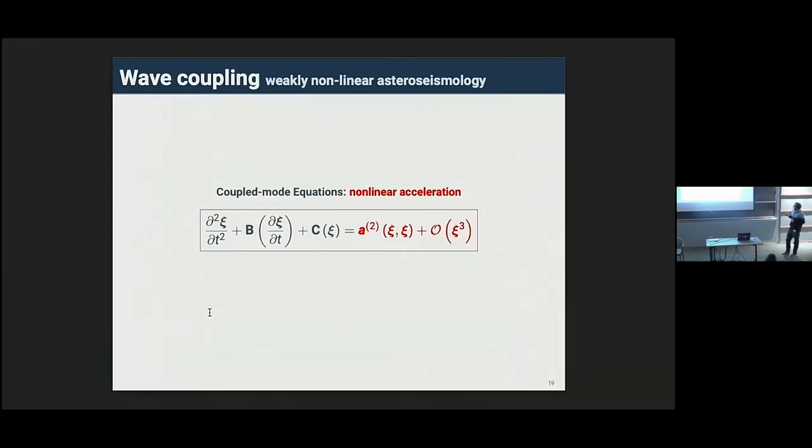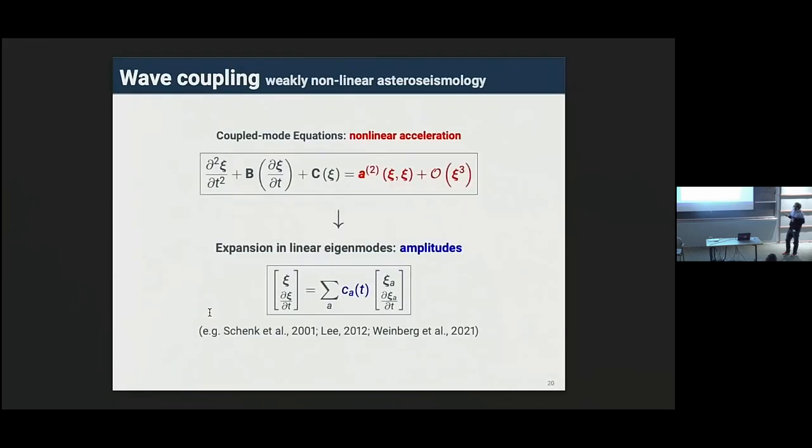One way of solving these coupled mode equations is to expand the Lagrangian displacement vector in the linear eigenmodes that we computed from solving the linear problem for the different modes that we observe. Then we have these amplitude terms that start to pop up because of our expansion in linear eigenmodes.